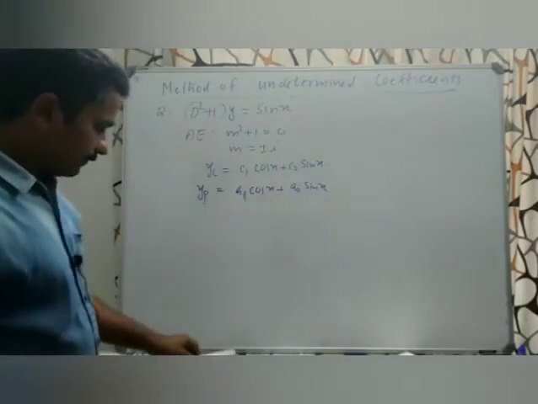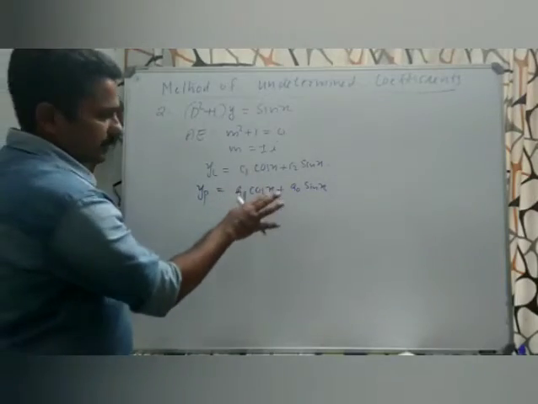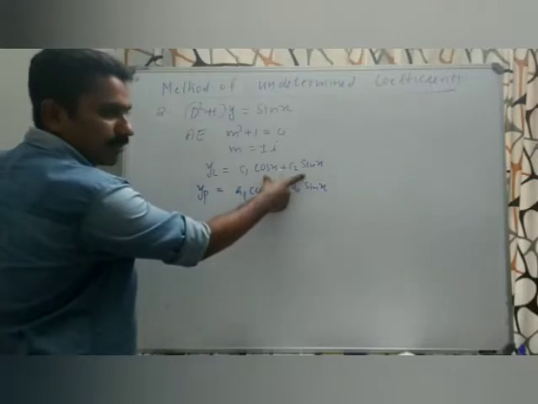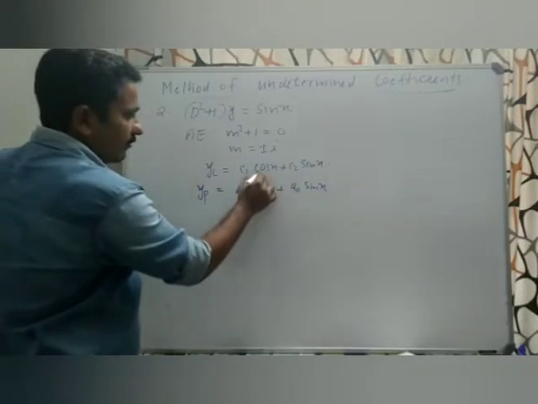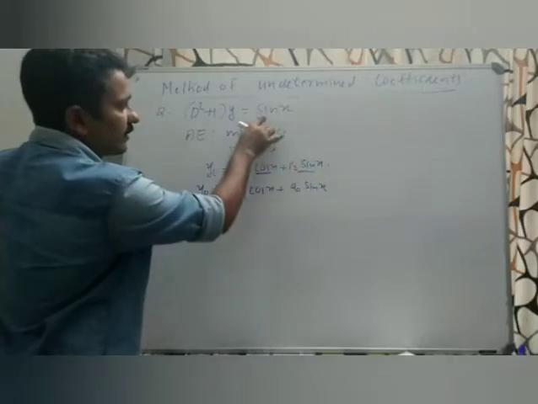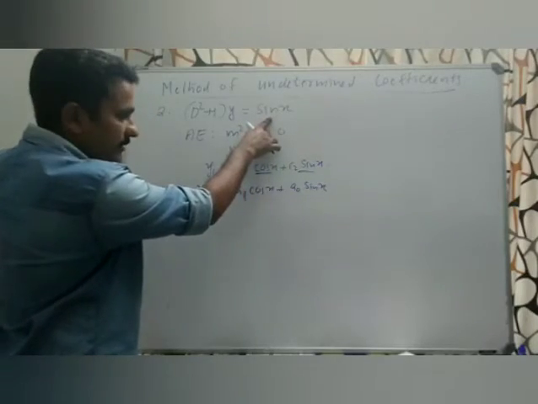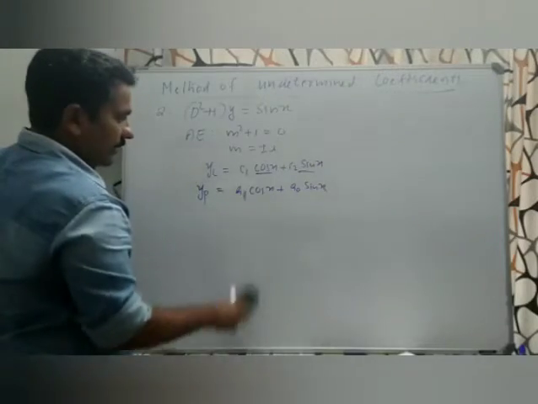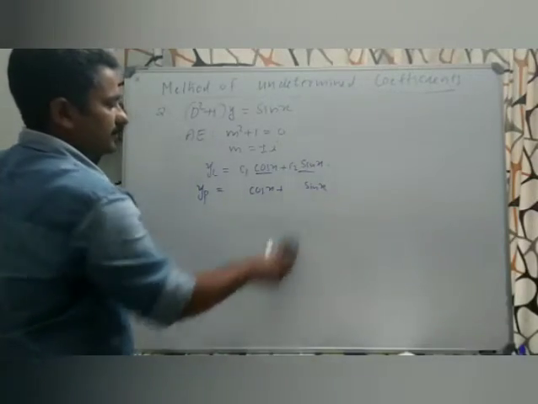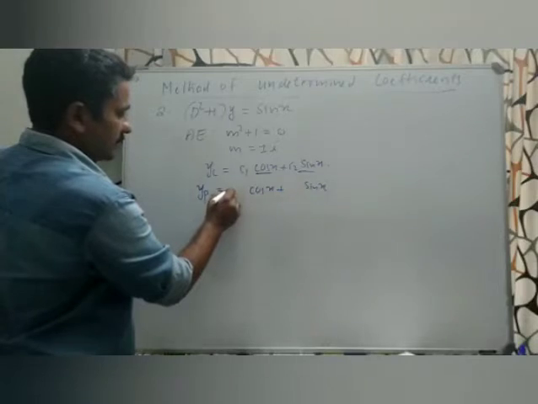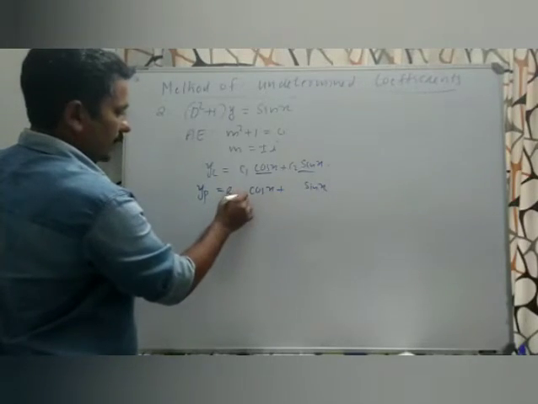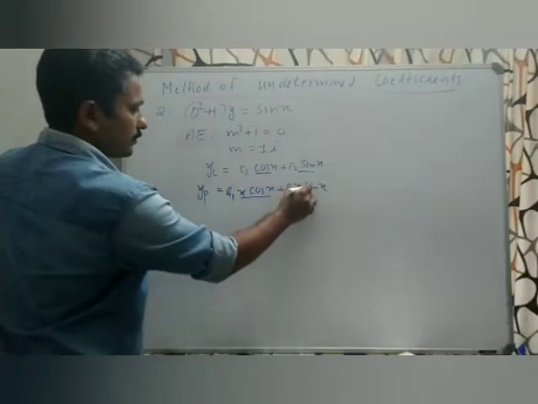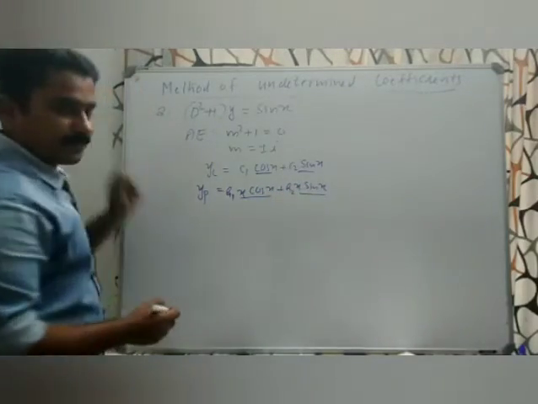So simply saying, when you write the complementary function, if any of these functions are there on the right side, then when you write its particular integral, you add one more x here. That is just some a1 x cos x plus some a2 x sin x.